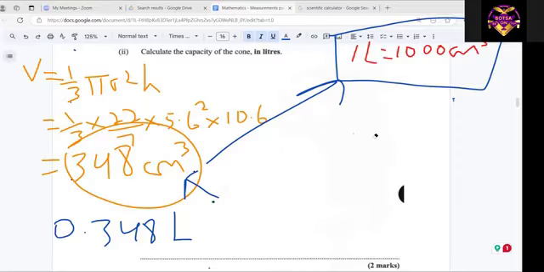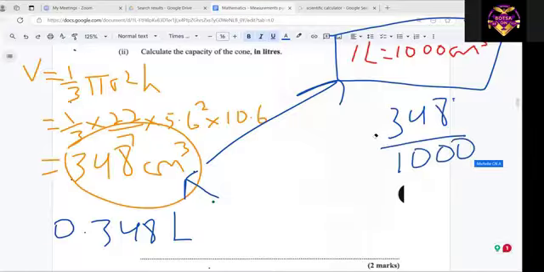Normally when you're taking cm cubed and converting to liters, you divide by 1,000. If they wanted liters converted to cm cubed, I would multiply the liters amount by 1,000. But since my answer is in cm cubed, which is volume, I divide it by 1,000 to convert to liters.